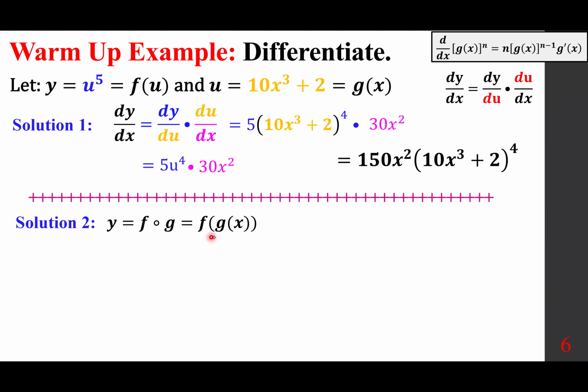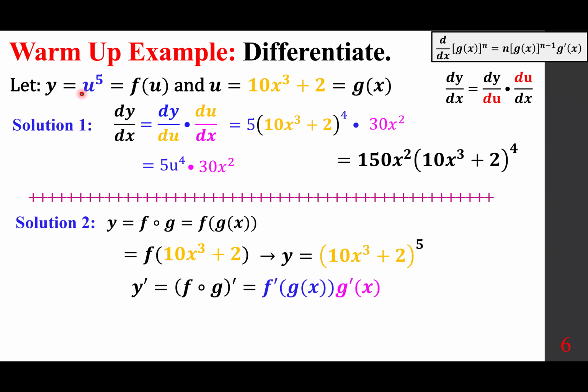However, it is easy to find the composite function. So f of g means f of g of x, or 10x cubed plus 2, which means right here, replace the u with 10x cubed plus 2 and raise it to power 5. If you want the derivative, you go f prime of g of x times g prime of x. So we are going to differentiate this using the chain rule, or in essence, the extended power rule.